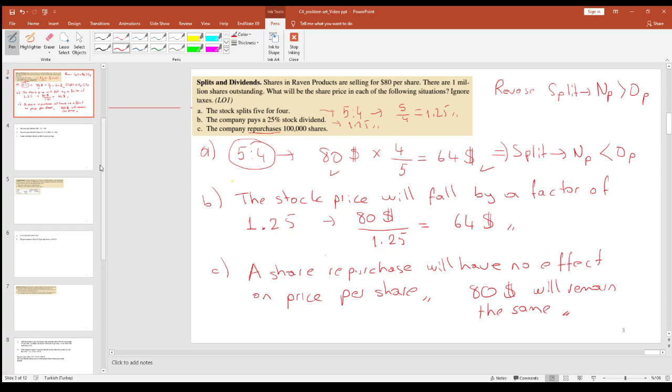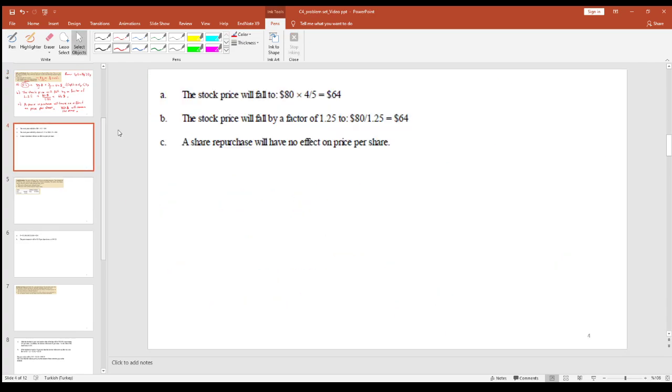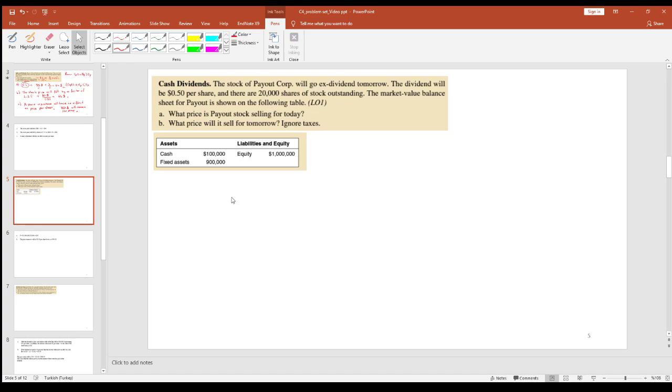So let's move on. The next one, you can take a look at the solution here. So we have another problem. It's about cash dividend. The stock of Payout Corp will go ex-dividend tomorrow.